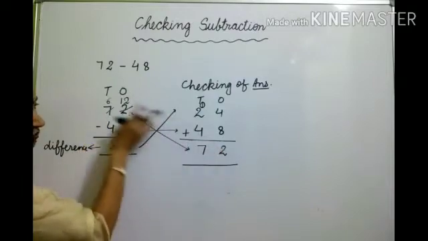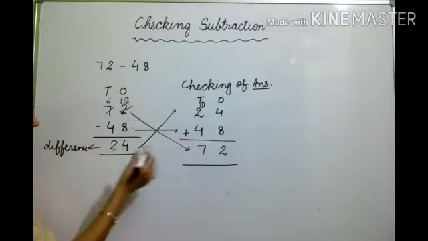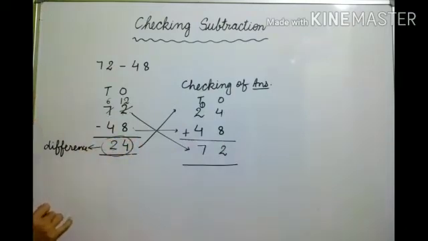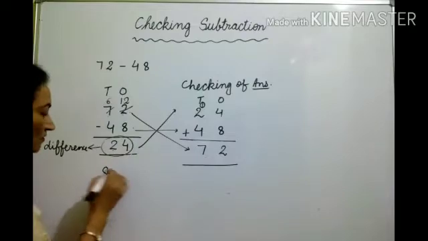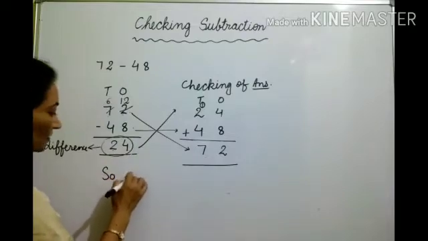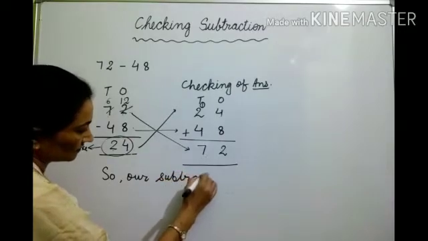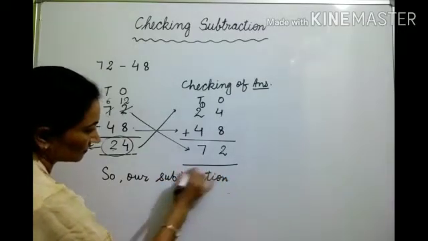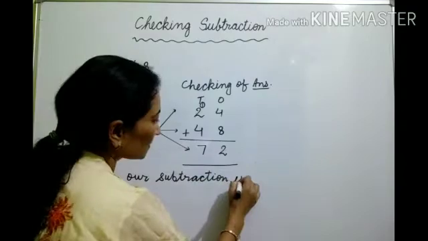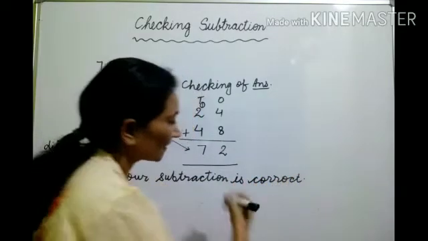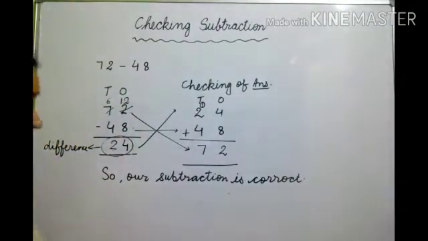If we get the same, both numbers same, then our answer of subtraction is right. So our subtraction is right. Subtraction is correct. Correct and right, both words we can write.